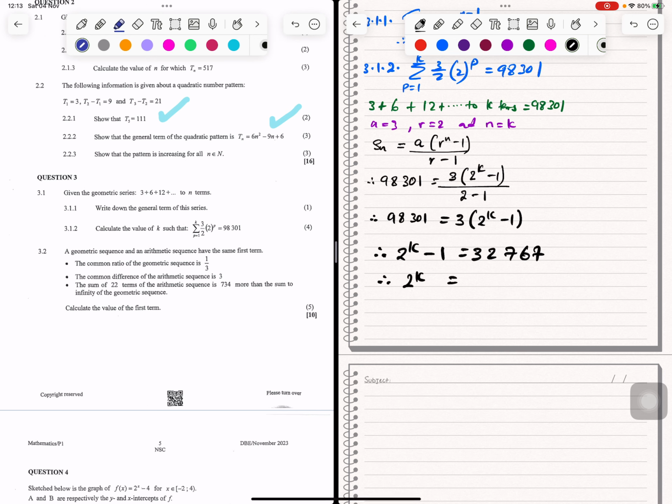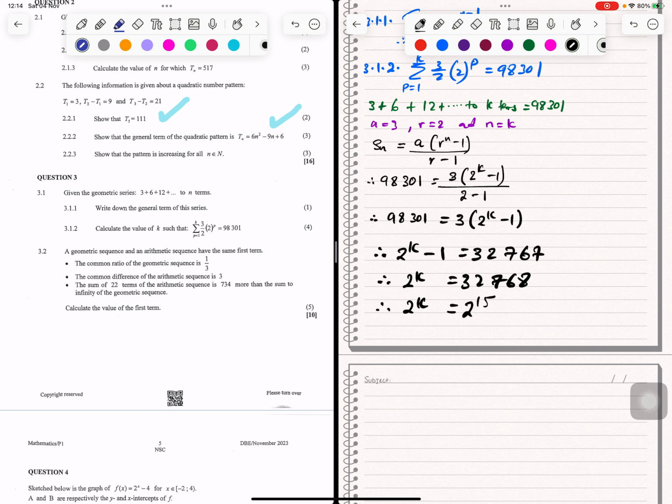I'm getting 32768. Now I just need to apply the laws of indices. So you factor that number, and you put a 2 there. 2 to the power 15 gives me that very same number. So this is 2 to the power 15.